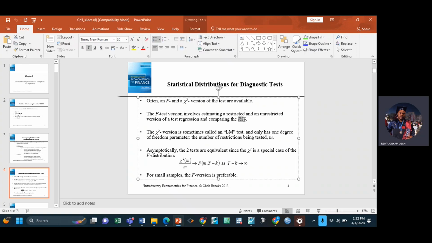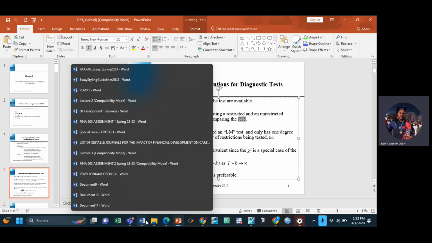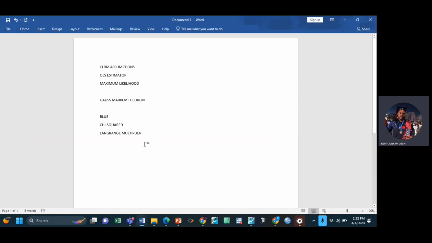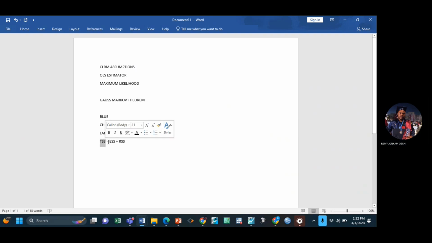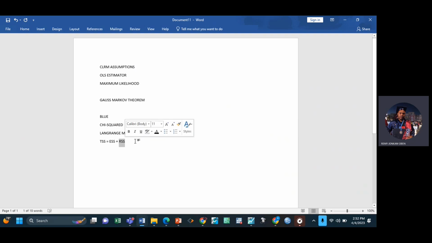What's this? RSS? Residual sum of squares, right? Okay. I will tell you something very briefly about this residual sum of squares. We have the total sum of squares, and then we have the explained sum of squares, and we have the residual sum of squares, right?